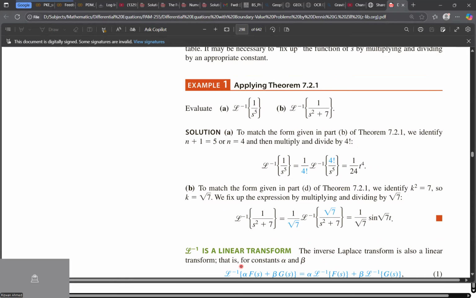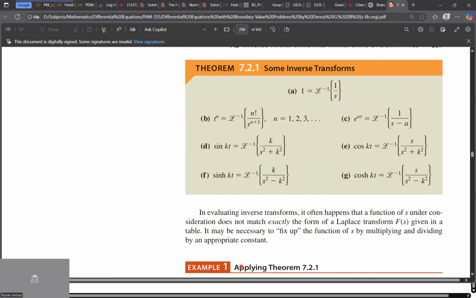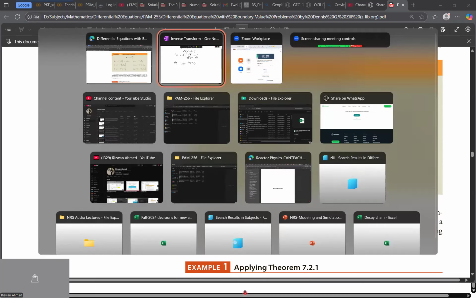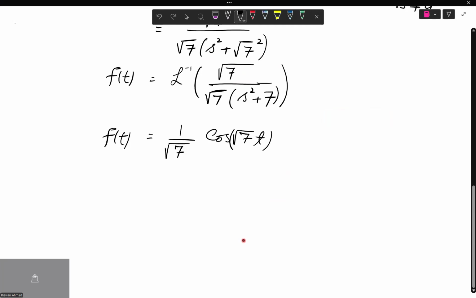With the constant, it was sine of square root of 7 t. For sine of kt, there is the constant. Yeah, my mistake. I forgot that structure.